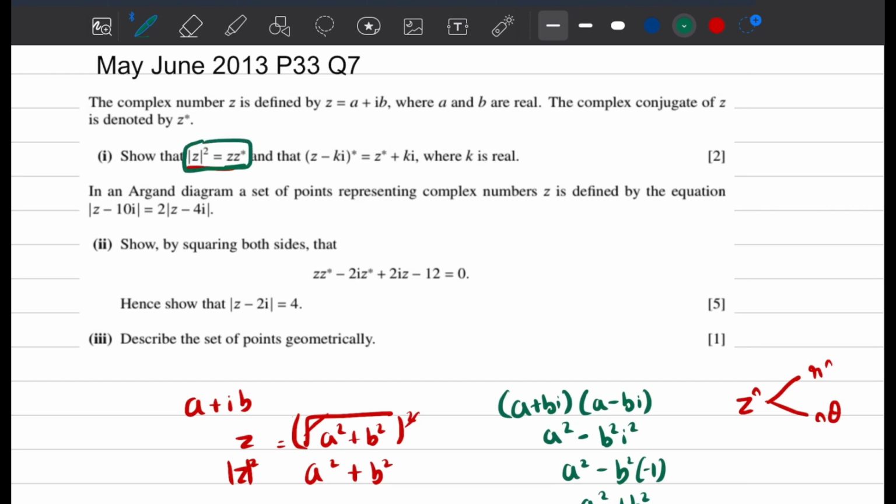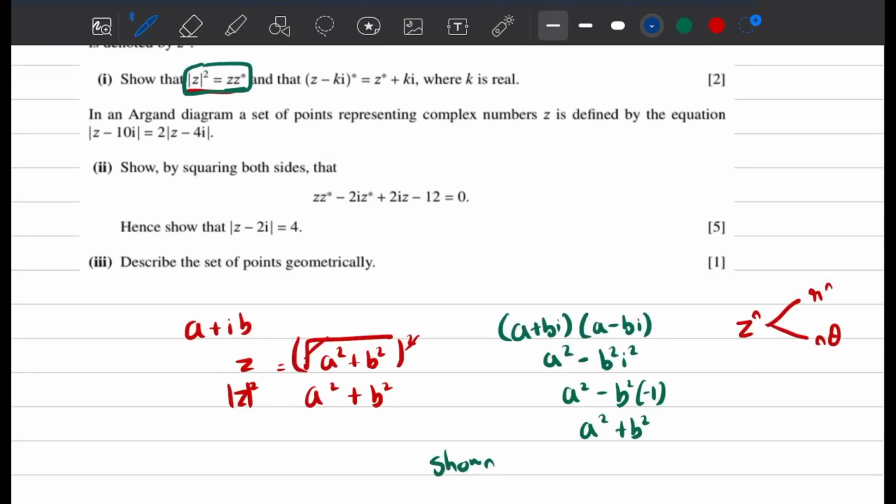You're going to write here shown. Got this? Next, what do you have to show? This. What was z? a plus bi. I need its conjugate. So its conjugate will become what?